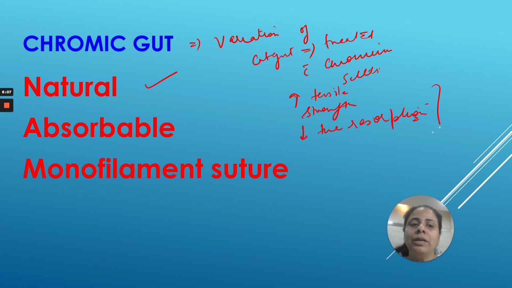Why do we want to decrease the resorption? Because chromic gut is mostly used in the internal layers for stitching the muscles, and if it gets absorbed very early, before the muscles get their strength back, that will lead to opening of the wound, or dehiscence. So it is treated with chromium salts to make it a little stronger. It is also an absorbable monofilament suture. The rest of the features are the same except for the chromic variation.